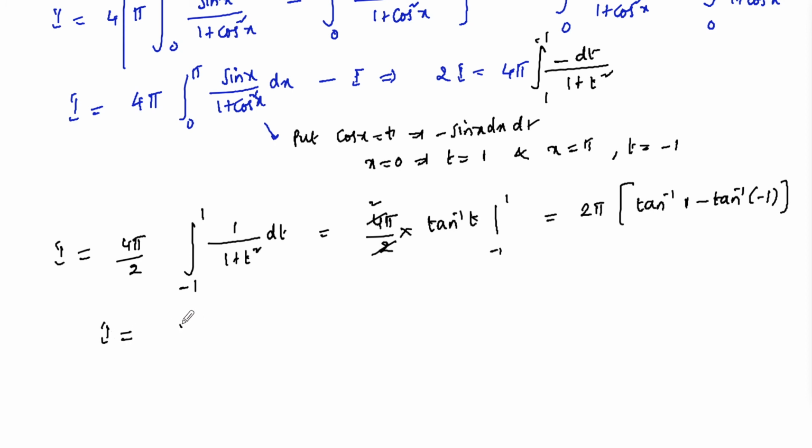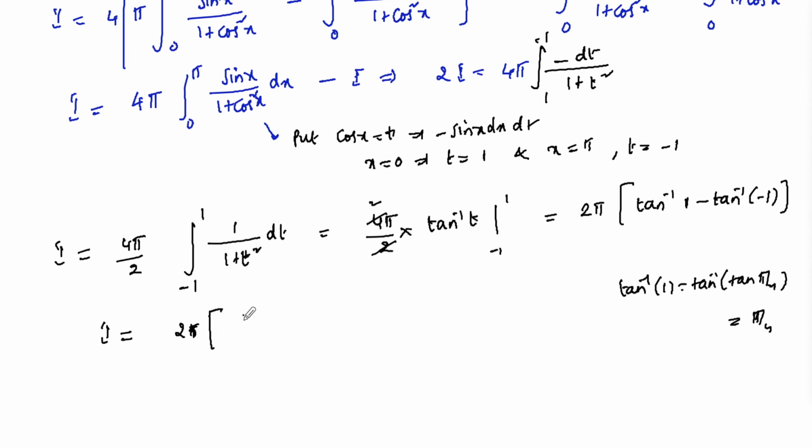So I is equal to 2 pi of tan inverse of 1 minus tan inverse of minus 1. Tan inverse of 1 is tan inverse of tan pi by 4, which is equal to pi by 4, and tan inverse of minus 1 is equal to minus pi by 4.